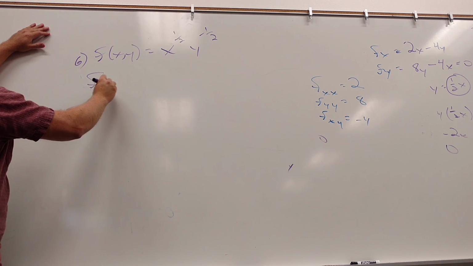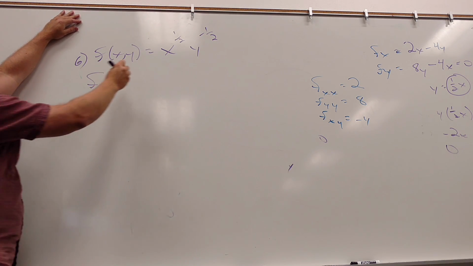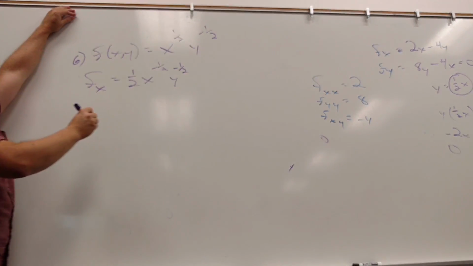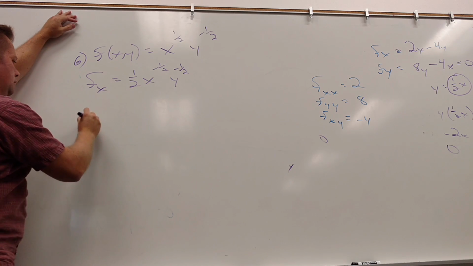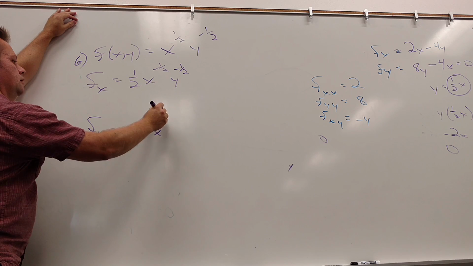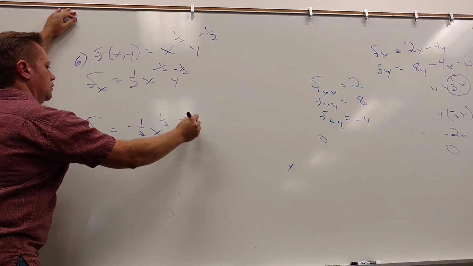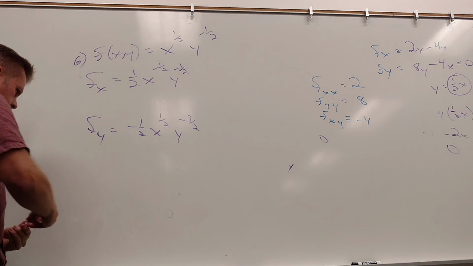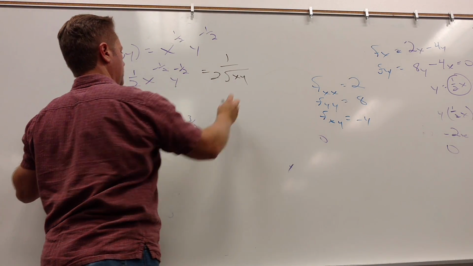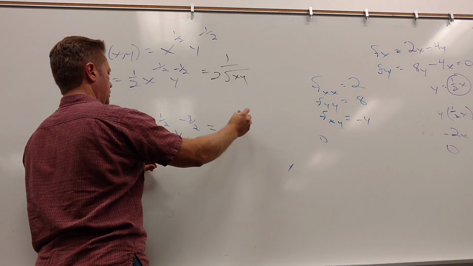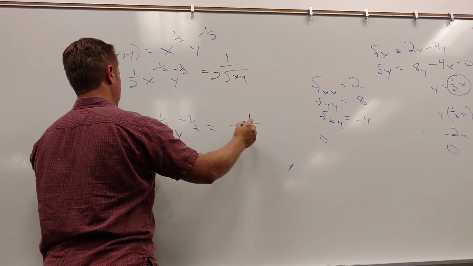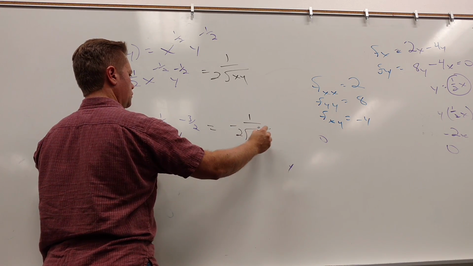All right, what's fx? 1/2 x to the negative 1/2, y to the negative 1/2. Cool. And what's fy? Negative 1/2 x to the 1/2, y to the negative 3/2. I like it. So this looks like this, and then fy looks like negative, what do you got, Jeff? 2 square root of x y cubed.